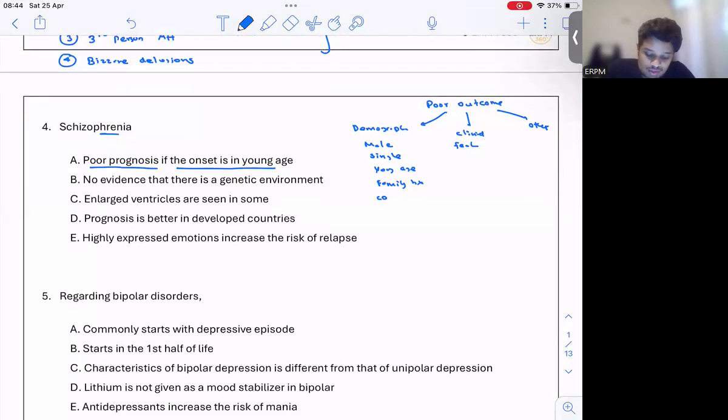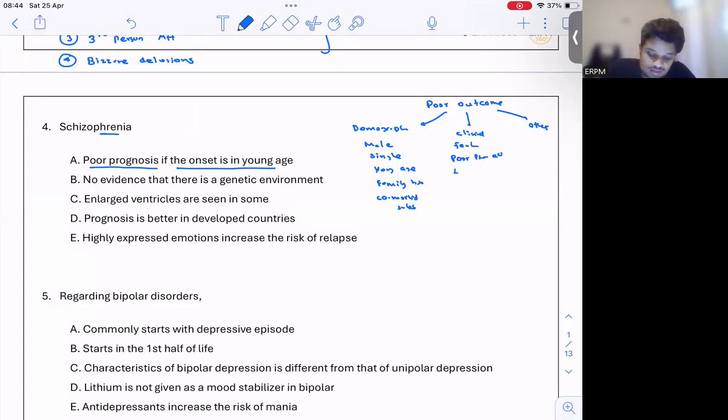If there's comorbid substance use. So these indicate poor outcome, right? The clinical features: if there's poor pre-morbid adjustment, right?